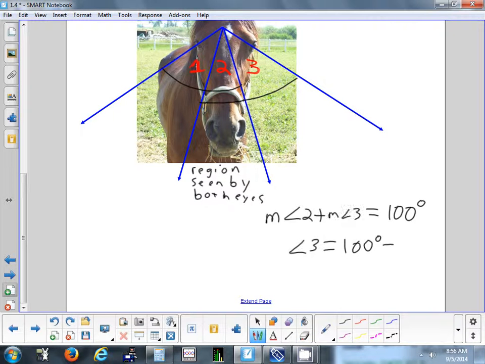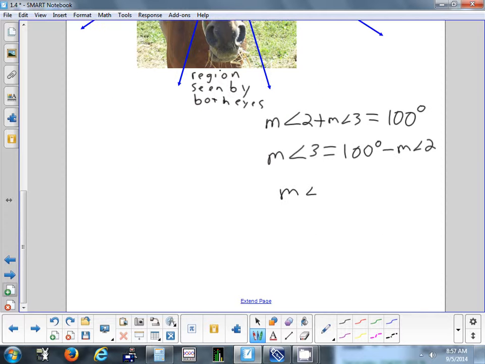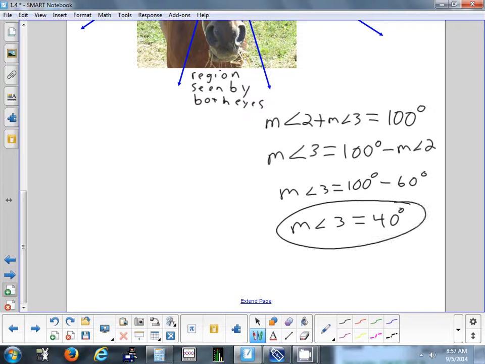So measure of angle 2 plus measure of angle 3 equals 100. Measure of angle 3 is 100 degrees minus the measure of angle 2. What is the measure of angle 2? 60. So the measure of angle 3 is 100 degrees minus 60. So what's the measure of angle 3? 40. Which is also the same as the measure of angle 1.